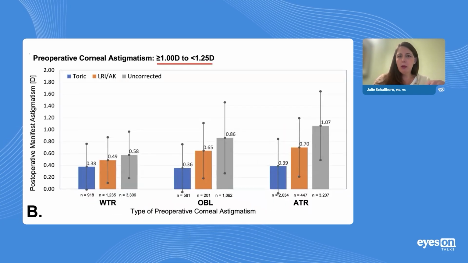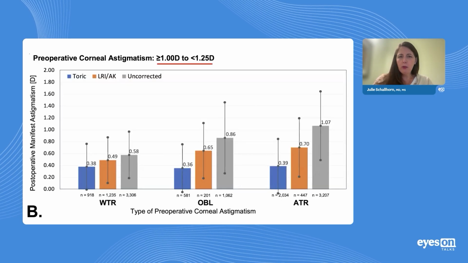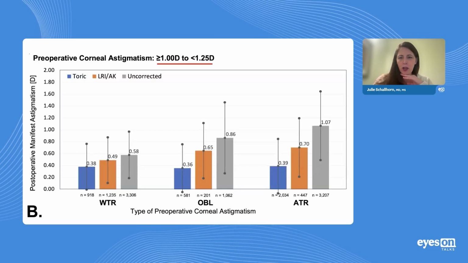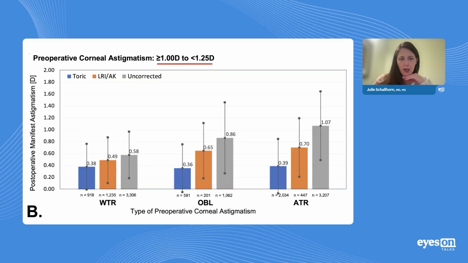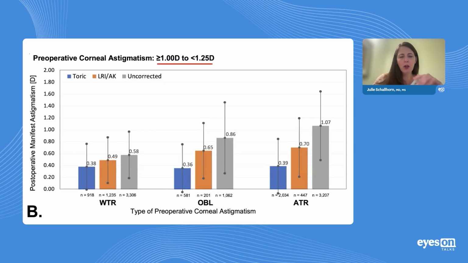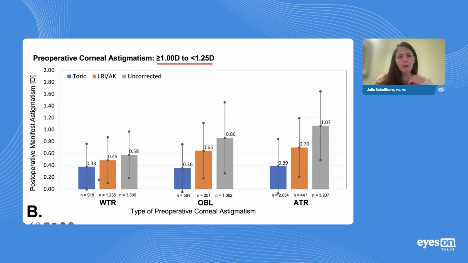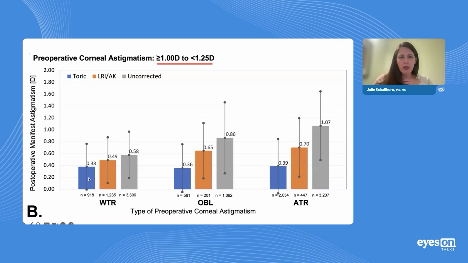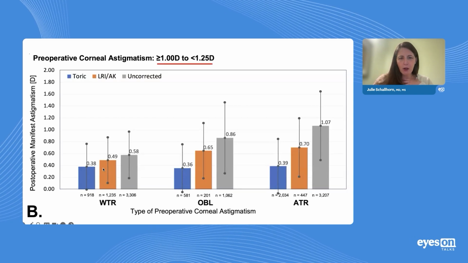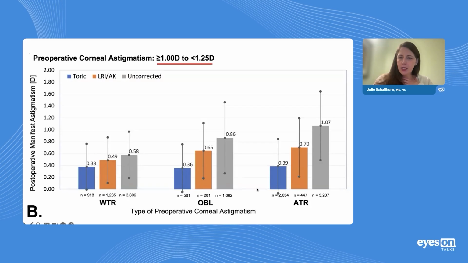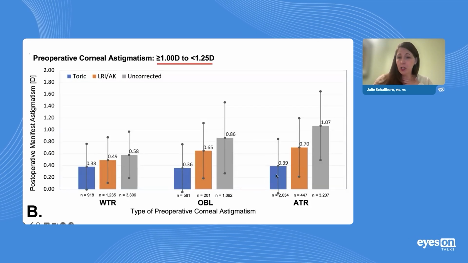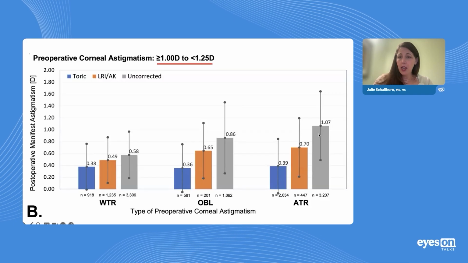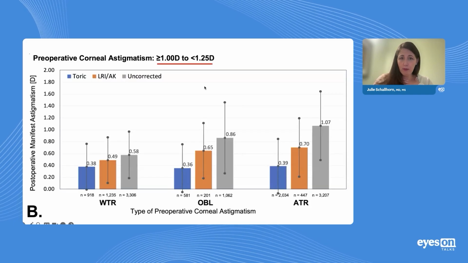If we look at those with a little bit more, we step up in quarter diopter increments to those between 1 and 1.25. We can see that effect starting to become a little bit more magnified. In the with the rule group, we can now see a little bit of differentiation between a toric and an LRI, AK. And in the against the rule and oblique group, we can see a pretty substantial differentiation between a toric, LRI, AK, or no treatment.